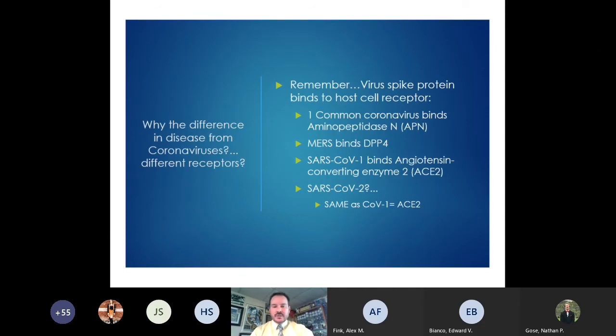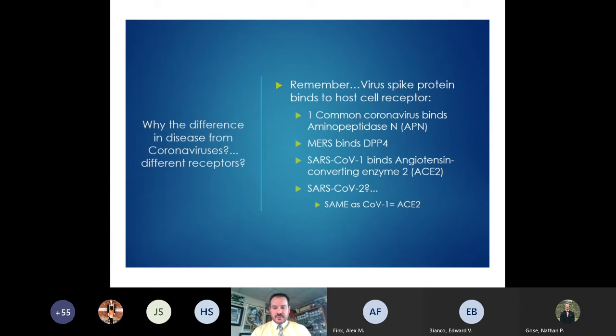So why the difference in disease? Why are there 4 particular strains of coronavirus that cause common cold symptoms, largely upper respiratory tract, and then we have newly emerging SARS-CoV-1, MERS, SARS-CoV-2 that cause significant lower respiratory infections, damage to the lungs, requiring respirators, ventilators, et cetera? Well, one of the things we talked about last time is that viruses bind to their cells through the spike protein.